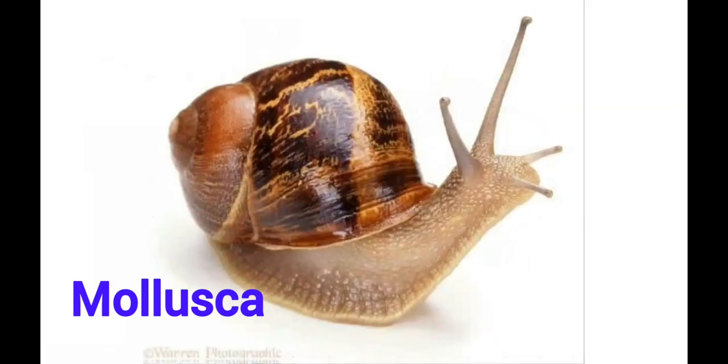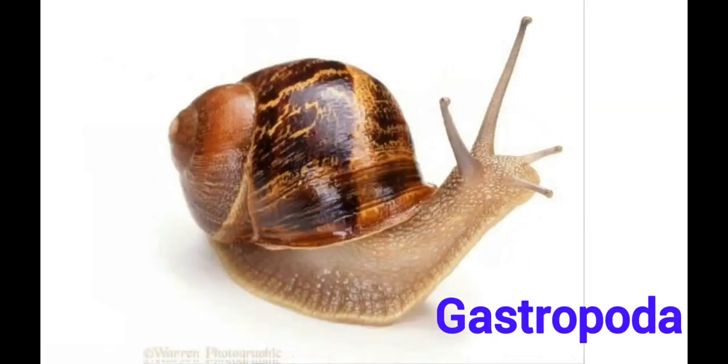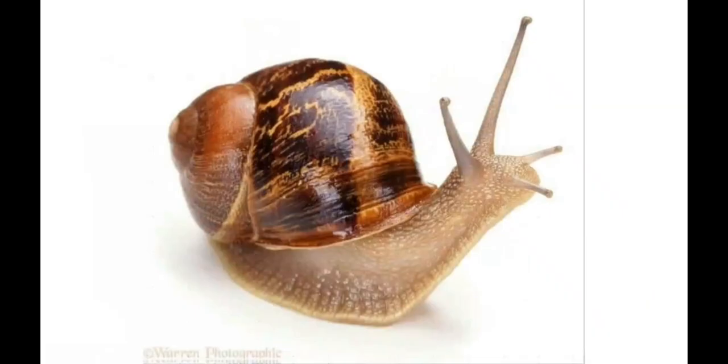Now, if you are asked to state the reason why you mentioned the class of specimen L to be Gastropoda, the answer is it has a foot. The foot is broad and flat. It also possesses a single shell.